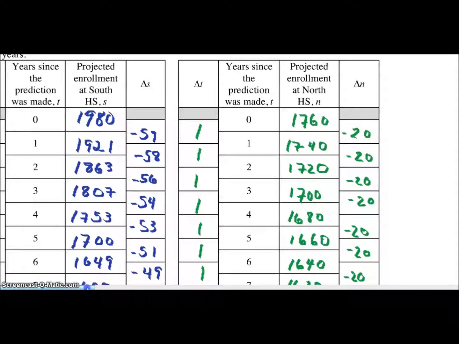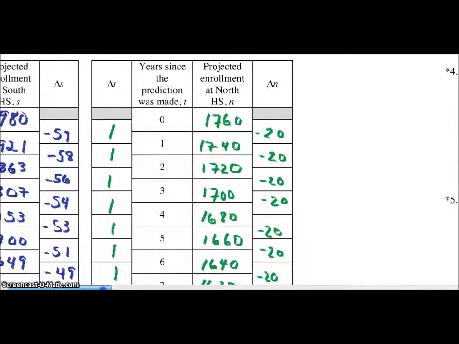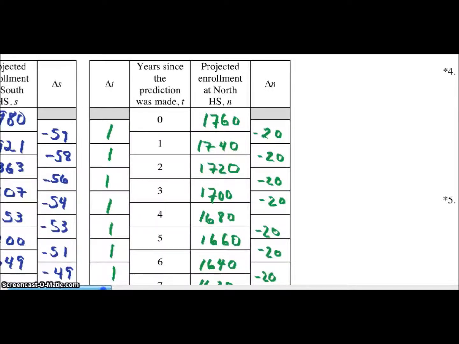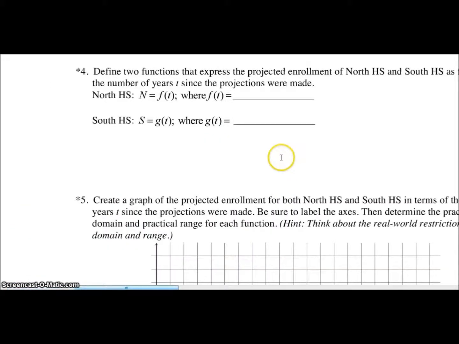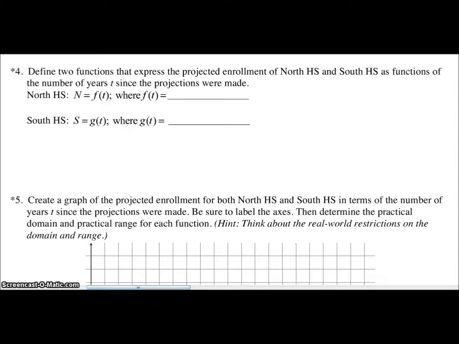Notice that we take our original value, 1,760, and then we're decreasing by 20 each year.